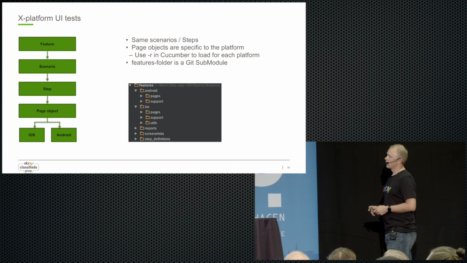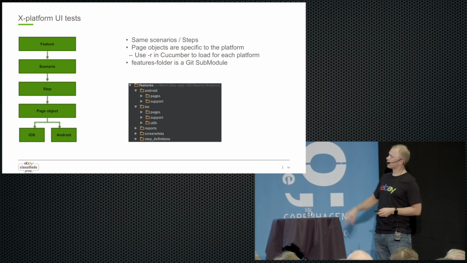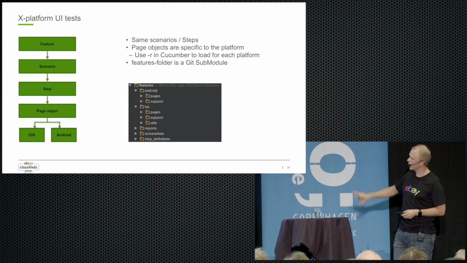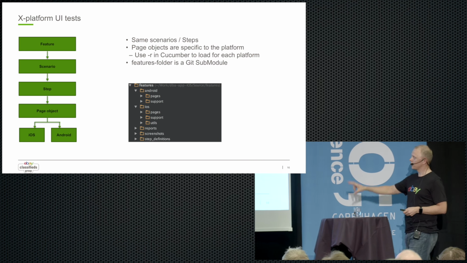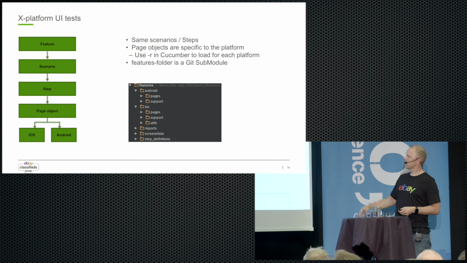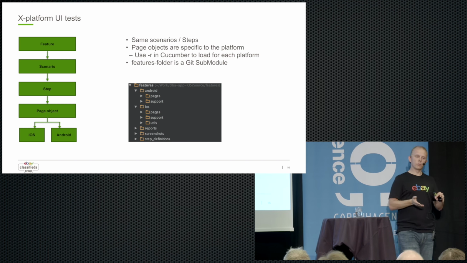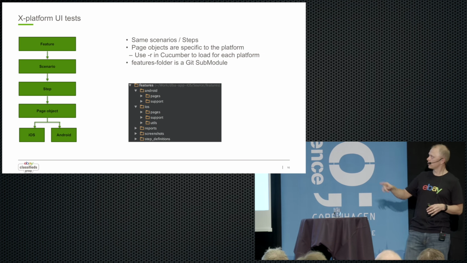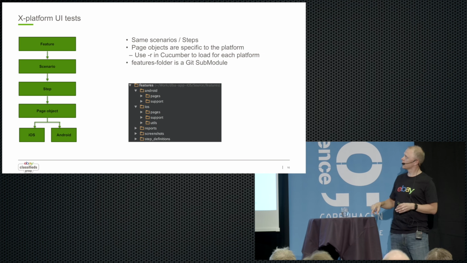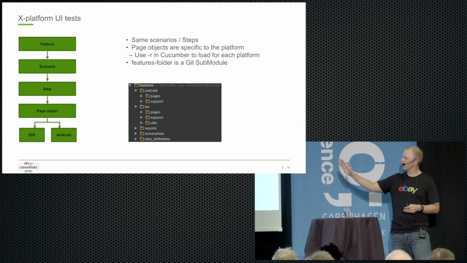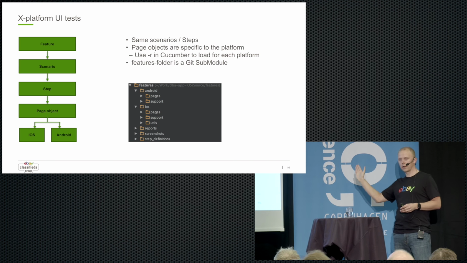I just put in here the file structure of where we store all our features and all the tests. So there's an Android and an iOS folder. Whenever I want to run my Cucumber test on Android, I make sure to use a -r option on Cucumber, telling it to load the files stored under Android.